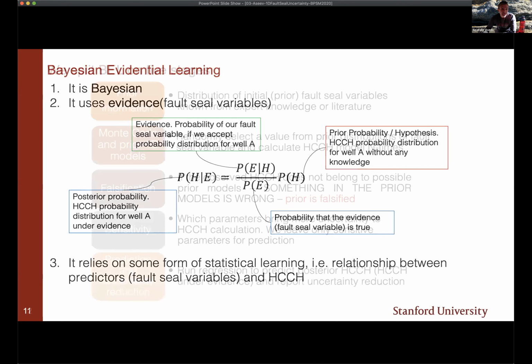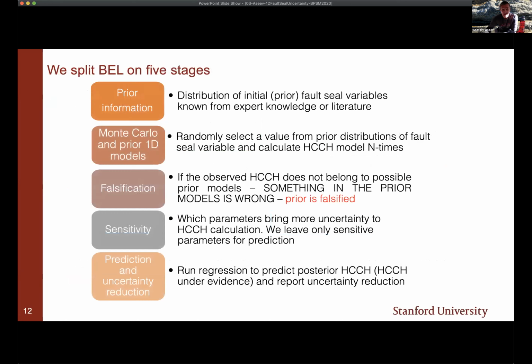We split BEL into 5 stages. First, we need to assign the distribution of the initial prior for our fault seal variables, which I showed you on the previous slides. Usually we know them from expert knowledge or literature. Then we run Monte Carlo, randomly selecting values from the prior distribution a number of times, and run our model calculation.